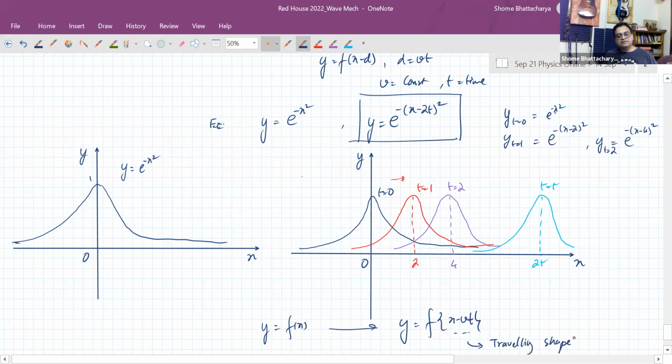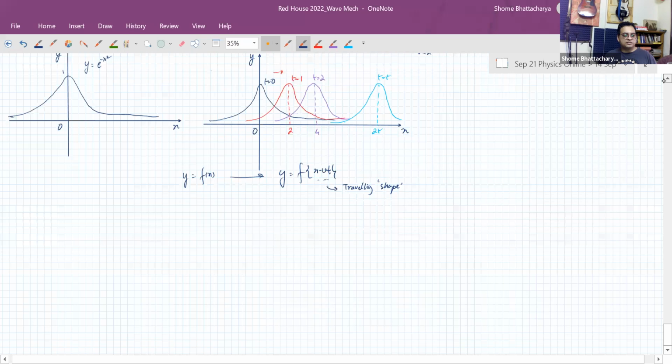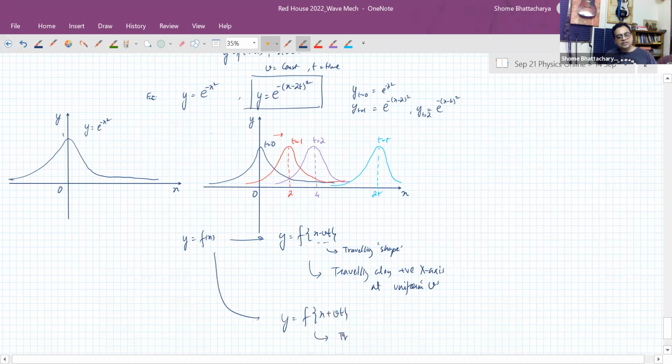The graph becomes a traveling shape, and not only that, it's traveling at a uniform speed of v along the positive x-axis. Similarly, if I transform this to f of x plus vt, now this will be traveling along the negative x direction, again at uniform speed.